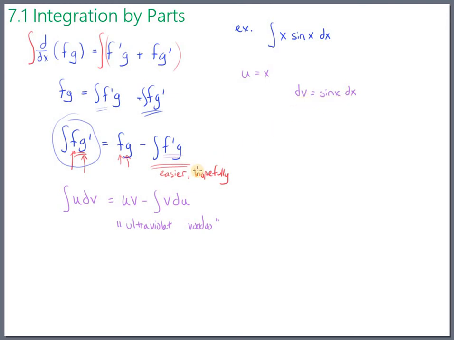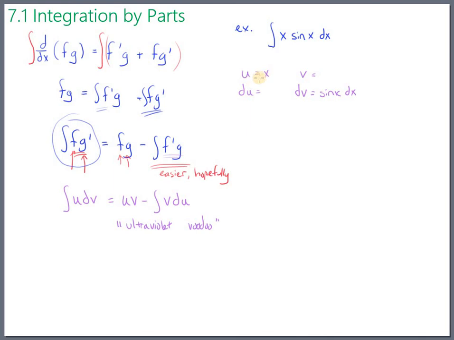Notice by the time we get done doing ultraviolet voodoo, I will need to know what v is. Right now I just know dv. And I'll also need to know du. So notice I'm picking two of the pieces. I picked u and dv, and I'm going to calculate two of the other pieces before I even start trying to write ultraviolet voodoo.